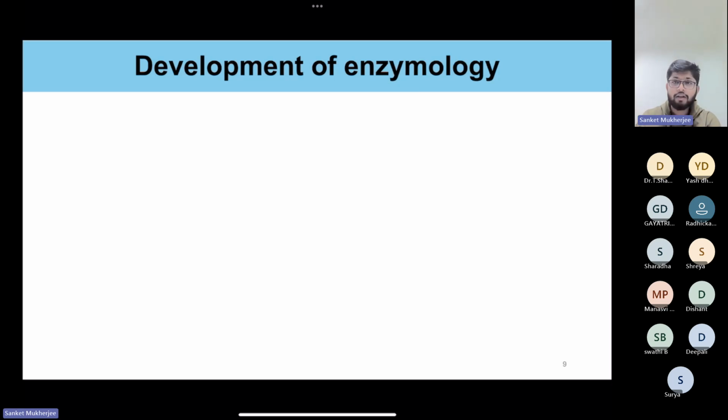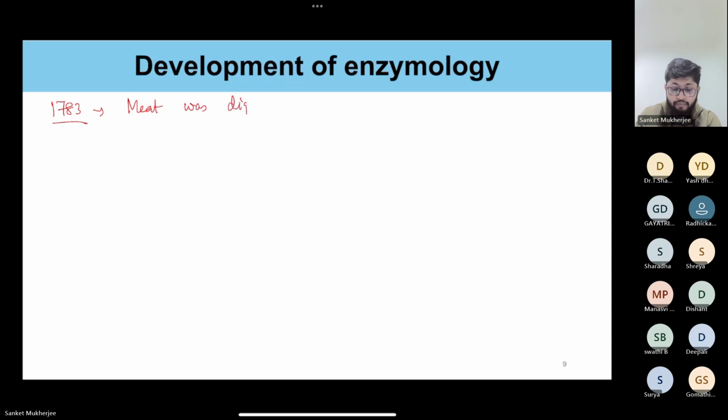So how this developed. In 1783, as I told you, was the first discovery of enzymes, where meat was digested by the gastric juice of hawks.